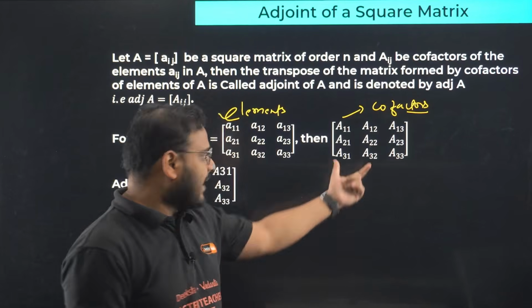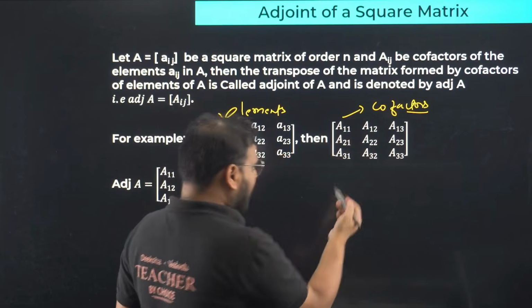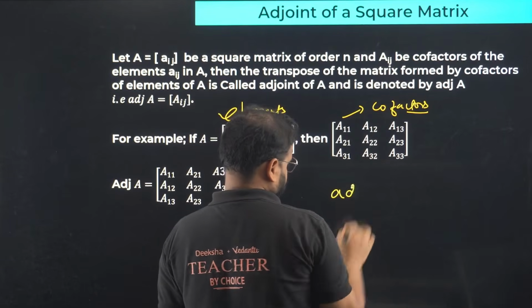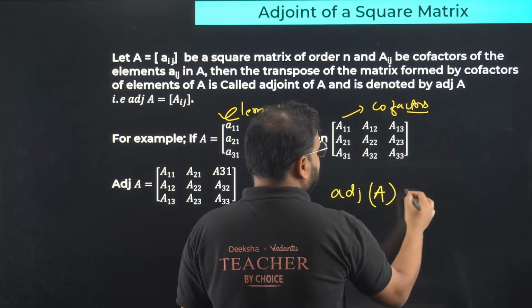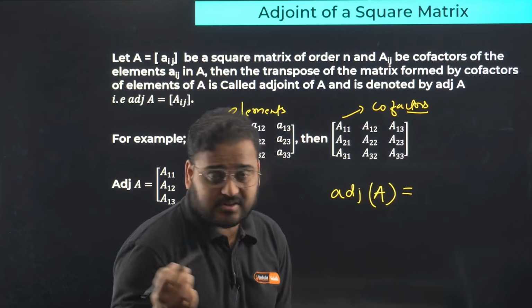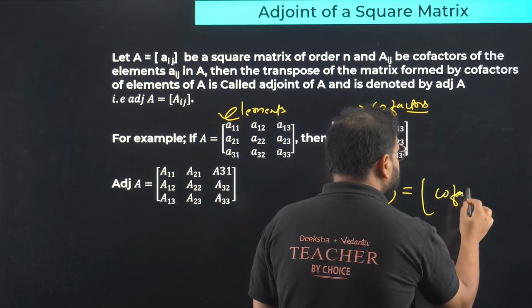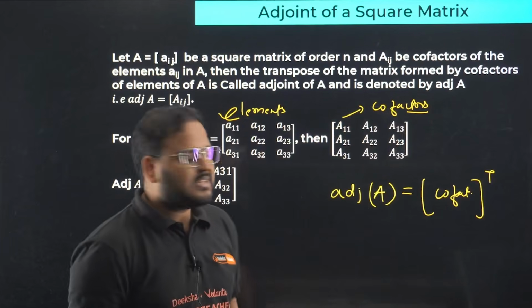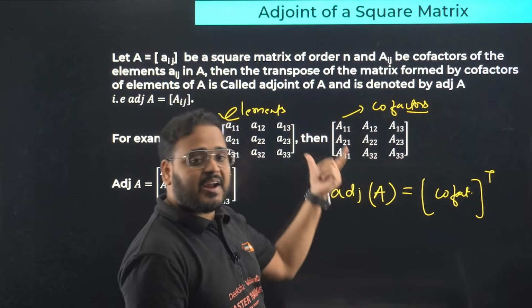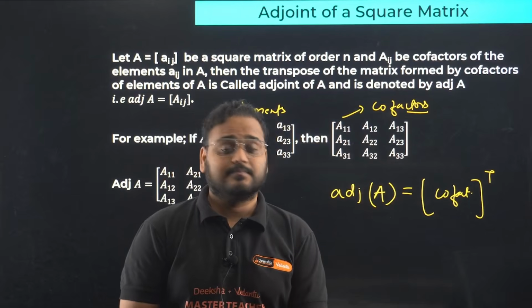So once you write this part, adjoint of a matrix, let's say A, is nothing but a matrix. But how do you write it? Matrix of cofactors transpose. So basically you write this matrix, take transpose of this, that result is going to be your adjoint. I'll repeat myself.